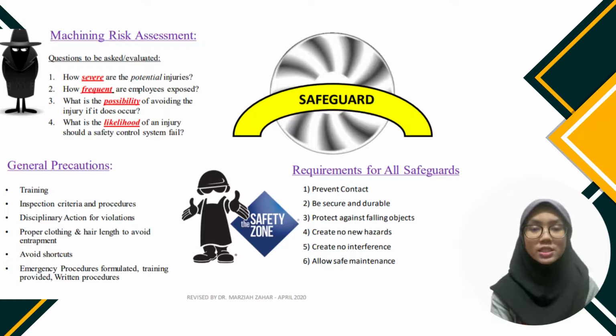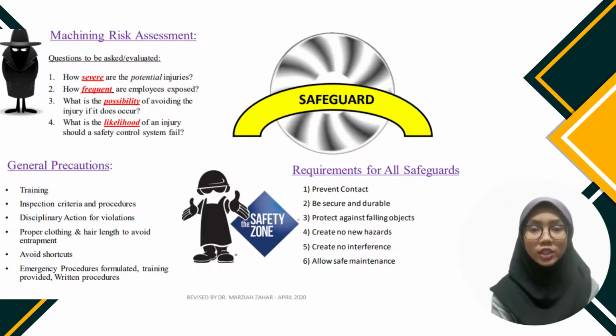Safeguards must meet certain requirements such as prevent contact, which means machine guard must provide a physical barrier that prevents the operator from having any part of his or her body in the danger zone during the machine operating cycle.